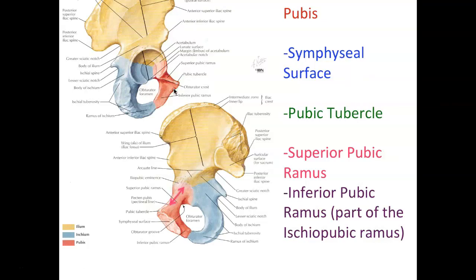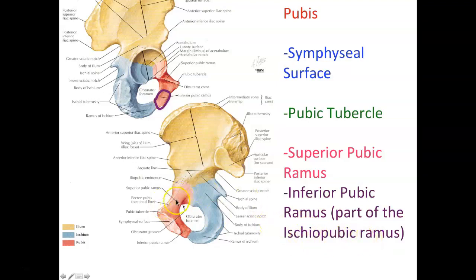All right, now for the rami. So this pink portion here is known as your superior pubic ramus, and below that we have an inferior pubic ramus. Now our superior pubic ramus does not have any part in the ischiopubic ramus.